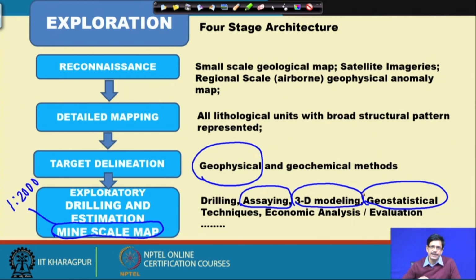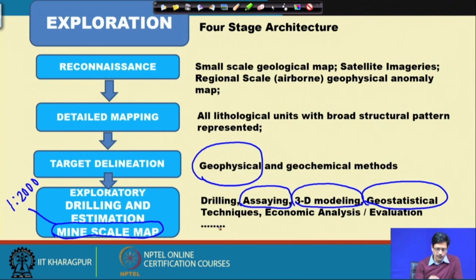So, by this time the exploratory drilling methods are over, and the ore body's existence, its down depth extension, and lateral extension will in a broad sense be established, which will lead to further evaluation as a project, considering all the microeconomic factors, which we will also be discussing when we go to the project evaluation parameters.